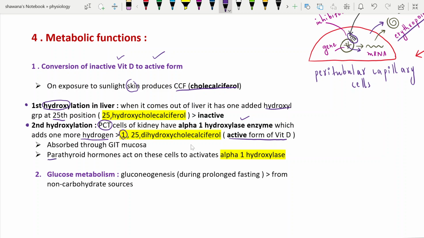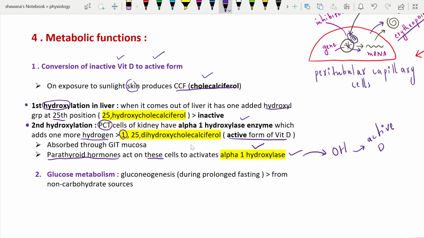The other thing worth mentioning is that parathyroid hormone acts on these cells to activate alpha 1 hydroxylase. When alpha 1 hydroxylase is activated, it adds the hydroxyl group to the 25 hydroxycholecalciferol, and it becomes the active form of vitamin D. So in this condition, parathyroid hormone influences the production of the active form of vitamin D. I think you understand.